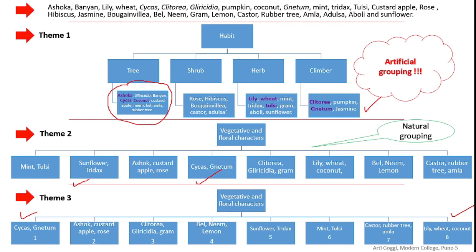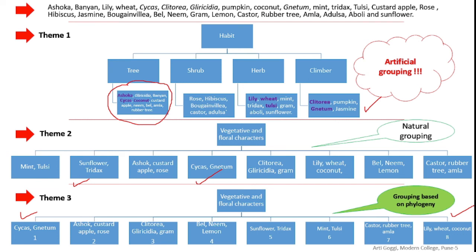The important point to understand here is that I have used the concept of phylogeny. So one more feature I have taken into consideration for classifying the plants, and this grouping is based on phylogeny. Now I call this system of classification a phylogenetic system of classification.